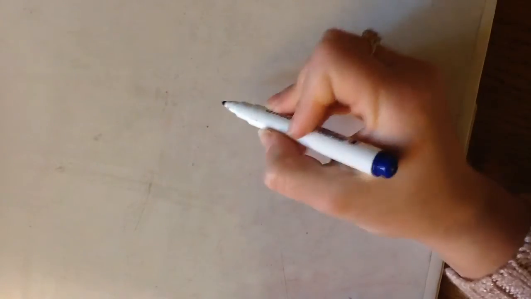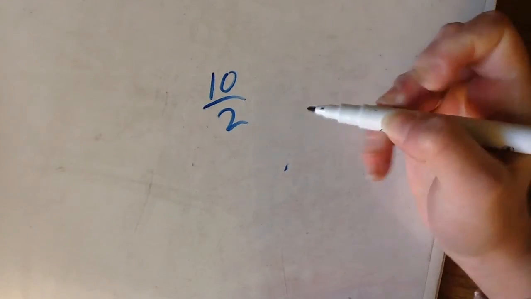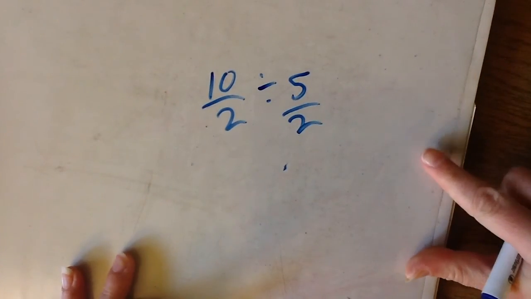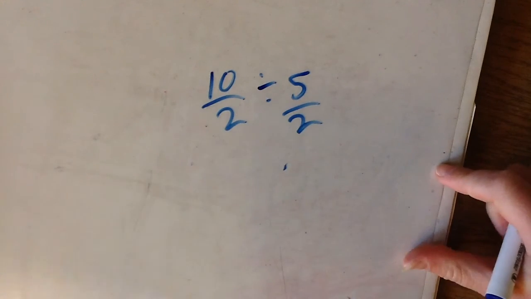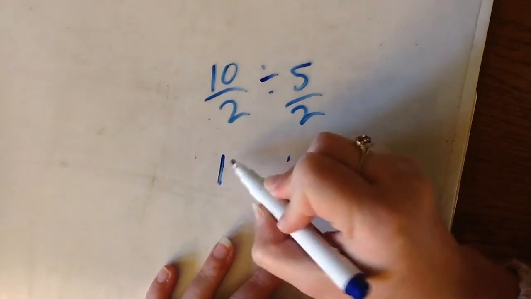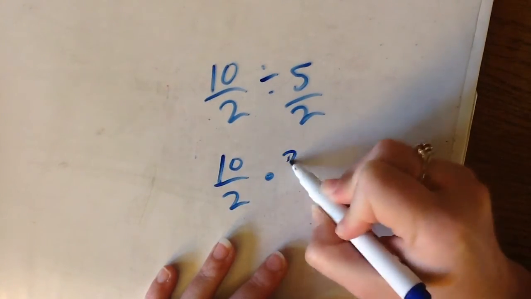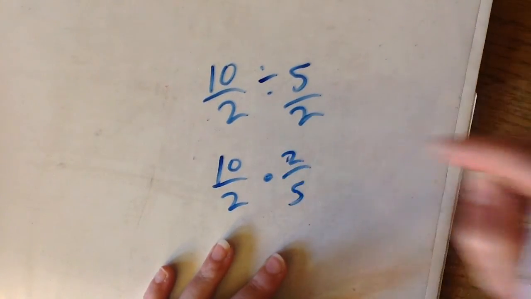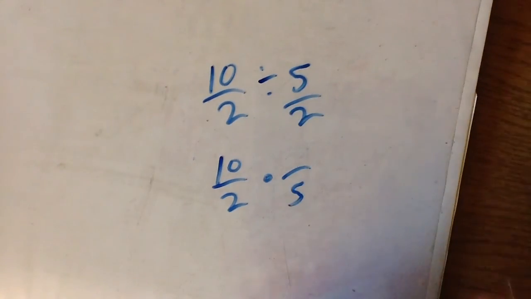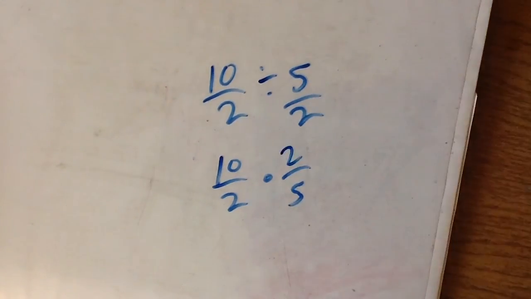All right, second one, 10/2 divided by 5/2. These are both improper fractions. If you want to reduce them or do whatever, you can. Let's just go ahead and flip and multiply, because I wanted you to have an example where you can reduce first.